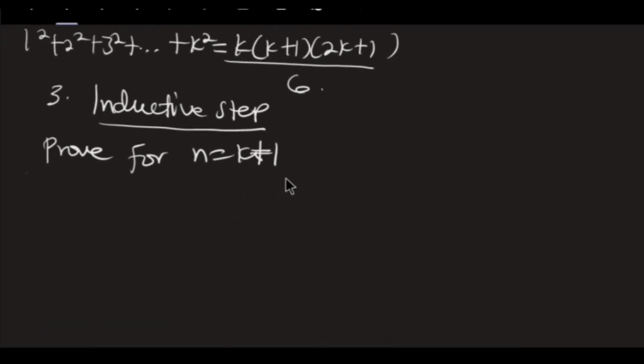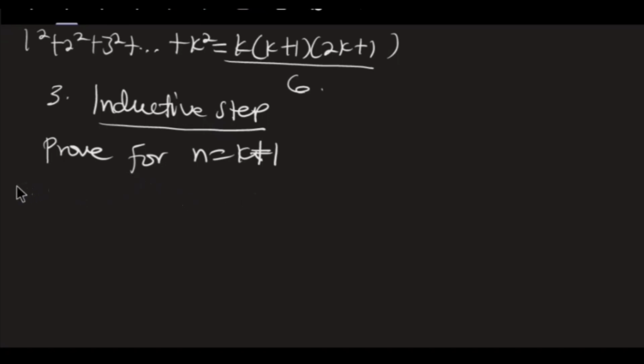That is basically the goal of our mathematical induction process. Once you have assumed that the statement is true for k, then it should be true for k plus 1. If the statement is true for 5, it should be true for 6. If it is true for 7, it should be true for 8. If it is true for 10, it should be true for 11.